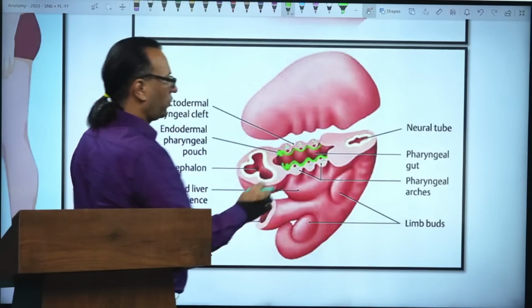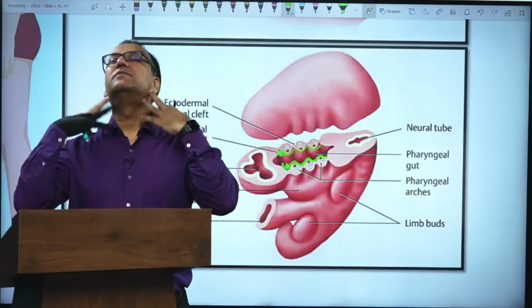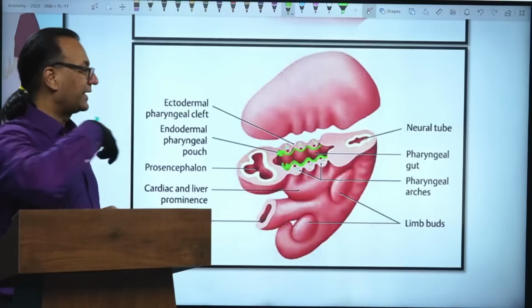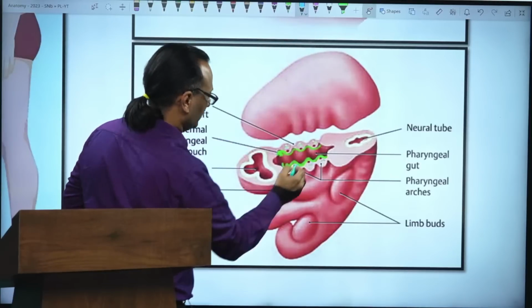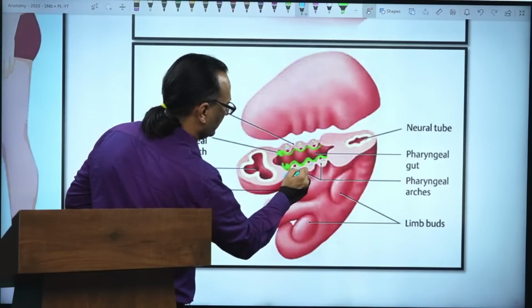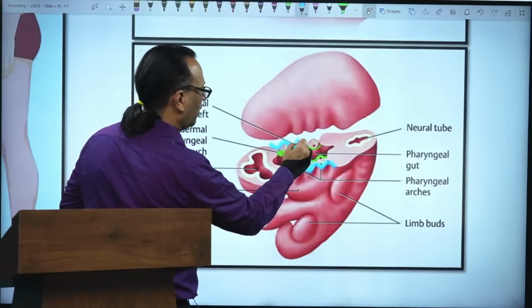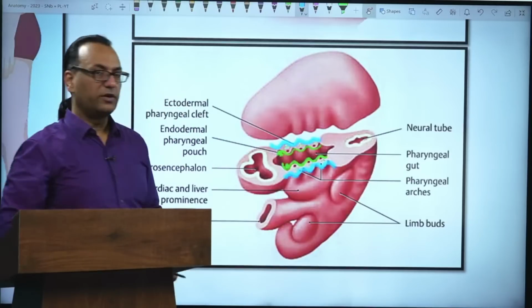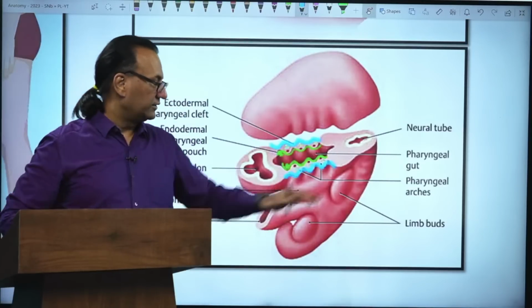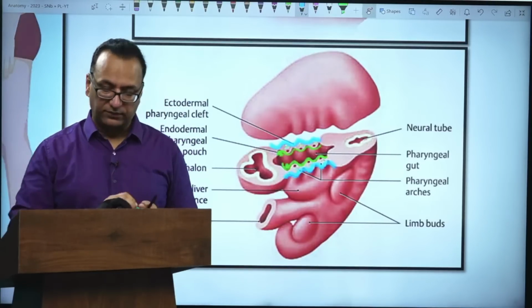On the outside, lined by ectoderm, there will be pharyngeal clefts: cleft 1, cleft 2, cleft 3, cleft 4. This orientation, after taking a section, you can draw yourself also.